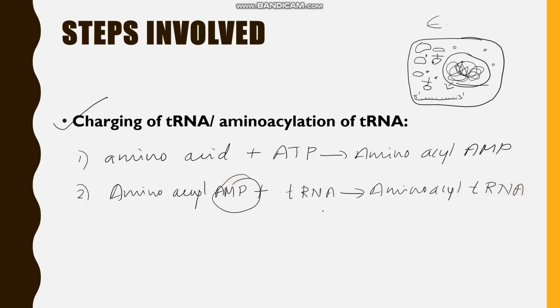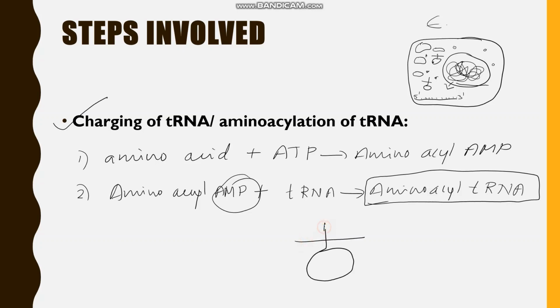This is released. This is the required product of the first step, that is aminoacyl tRNA. Aminoacyl tRNA means, say if it is the tRNA, actually tRNA looks like a double stranded molecule. It is actually found like this.